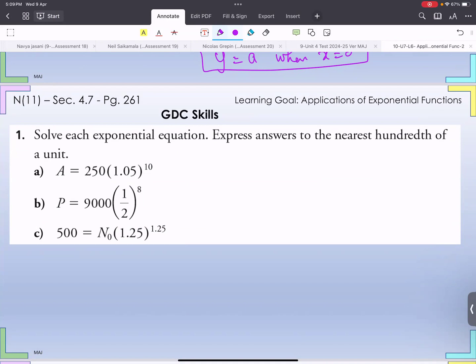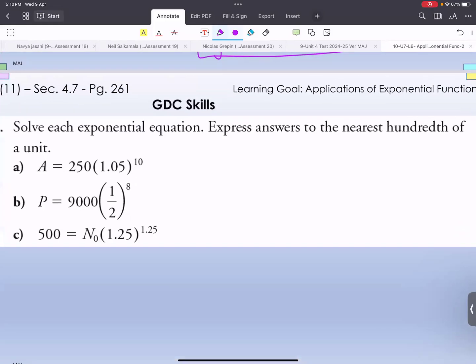The reason for this is because when we start doing questions, I want you to be fluent with your calculator skills and not be searching for where's the exponential button, and also paying attention to order of operations, right? Okay, check if you got the same answer.